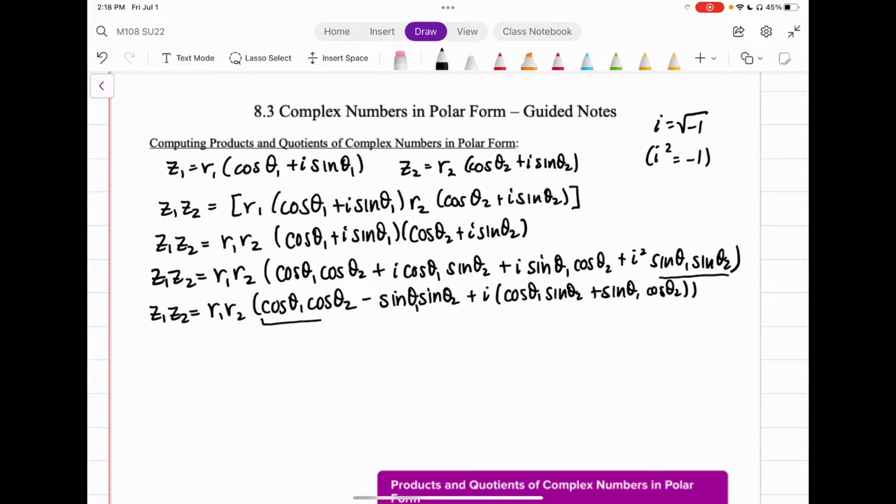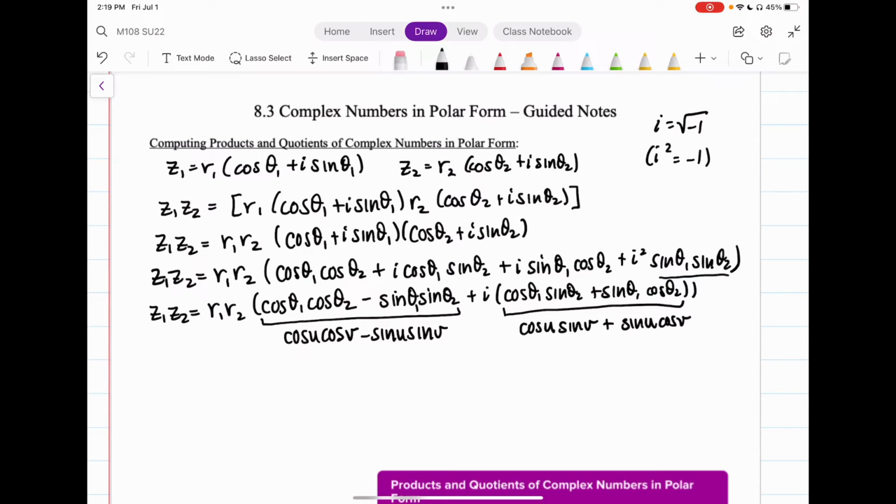The cosine of theta 1 times cosine theta 2 minus sine theta 1 sine theta 2, that's like cosine u cosine v minus sine u sine v. And that is the sum formula for cosine. Cosine theta 1 sine theta 2 plus sine theta 1 cosine theta 2, that's cosine u sine v plus sine u cosine v.